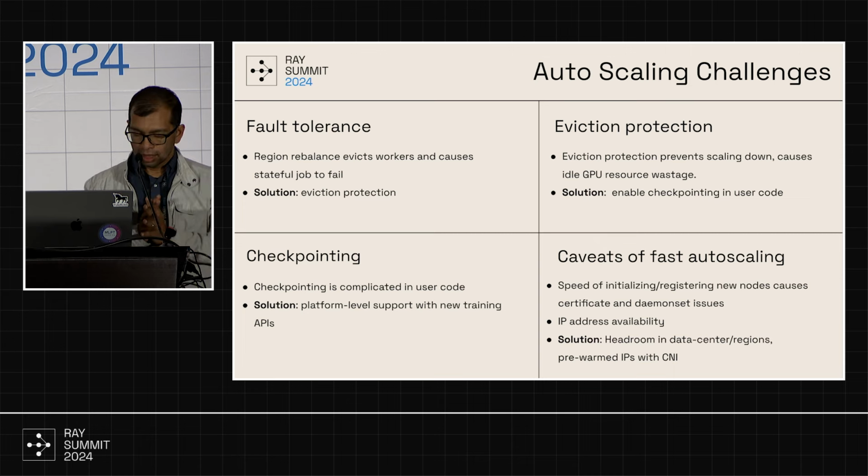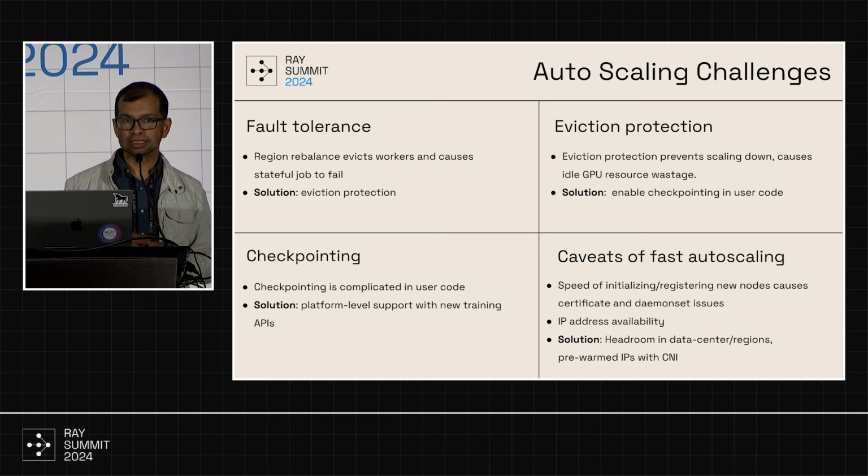The next problem is that even with a single region, workloads can be okay with upscaling, but many workloads are not okay with downscaling. This is what we saw in a lot of our stateful workloads, where downscaling caused failures.